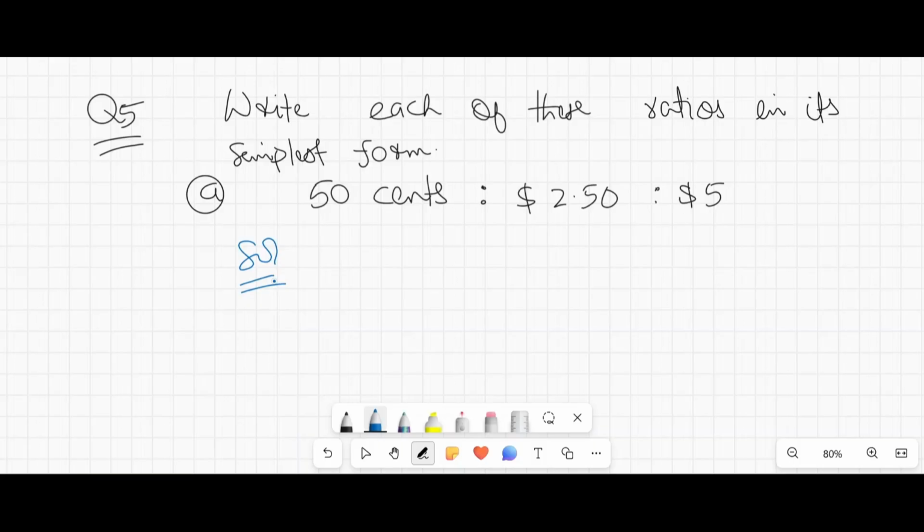Now you can see the units are dollars and cents. So first we will convert the dollars into cents. In my knowledge, $1 is equal to 100 cents. So if you multiply 2.50 by 100, you will get cents. And when you multiply 5 by 100, we convert it into cents.